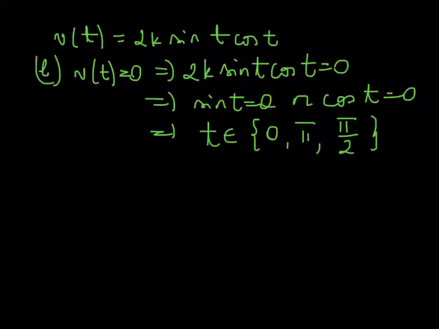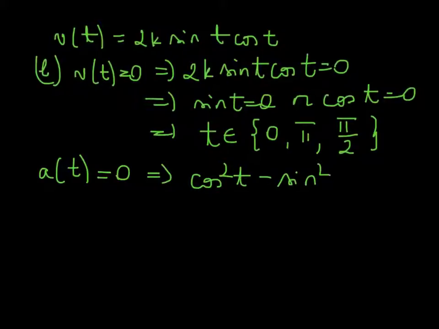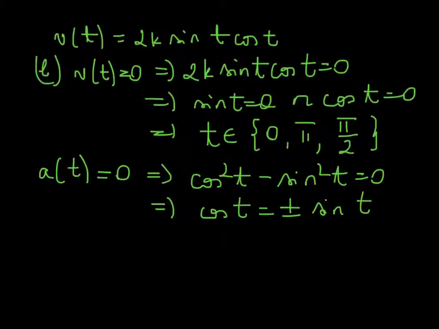Now, velocity is maximum or minimum when acceleration is 0. So cos squared t minus sine squared t is 0. Therefore, cos t equals plus or minus sine t. I think the best way to represent this is on the unit circle.